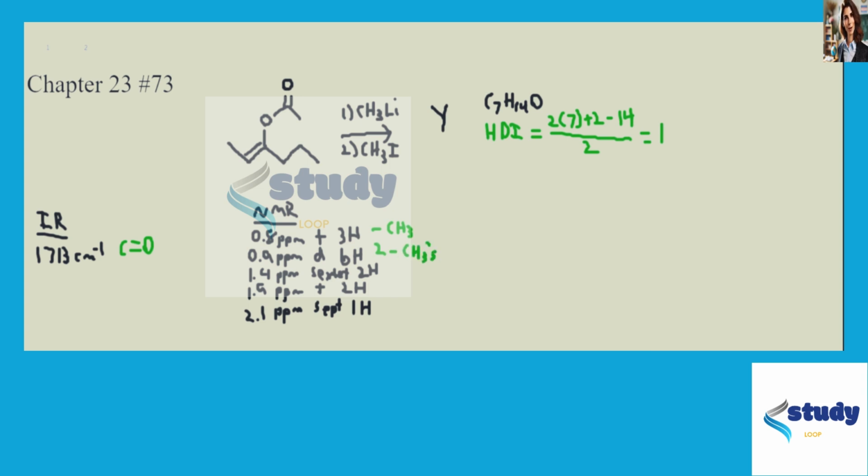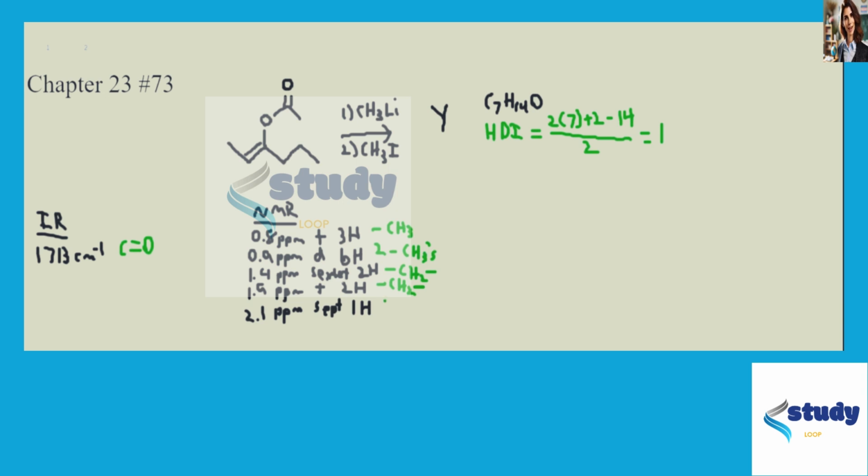Okay, now we have a 1.4 ppm sextet with an integration of 2. This is probably a methylene. 1.9 ppm triplet that integrates to 2. Also probably a methylene. And then a 2.1 ppm septet that integrates to 1.